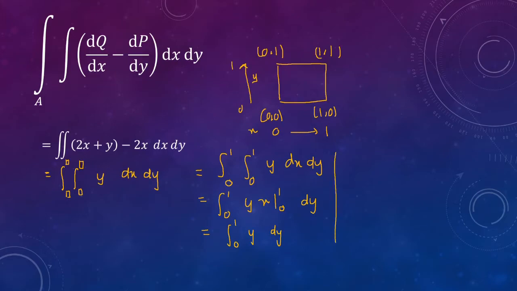Later, this equals y squared over 2 from 0 to 1. We got the value is 1 over 2 here. So the answer for this question is 1 over 2. Thank you.